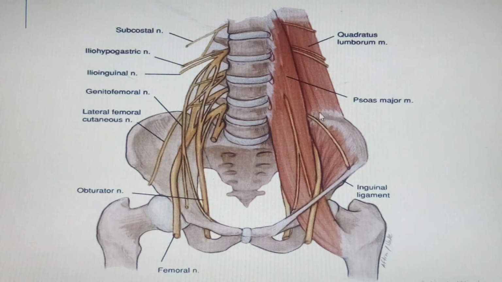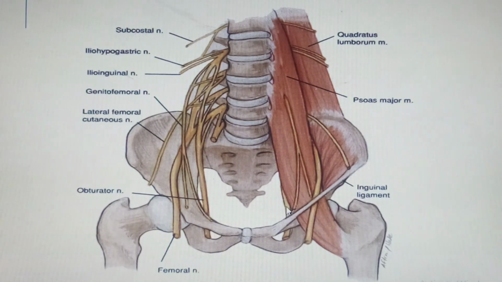So here we are. This 4-sided muscle is the quadratus lumborum muscle. Medial to it is the psoas major muscle. Now this psoas major muscle has important relations which you have to know. Running on the medial aspect of the psoas major muscle, you can see this nerve that is coming out.